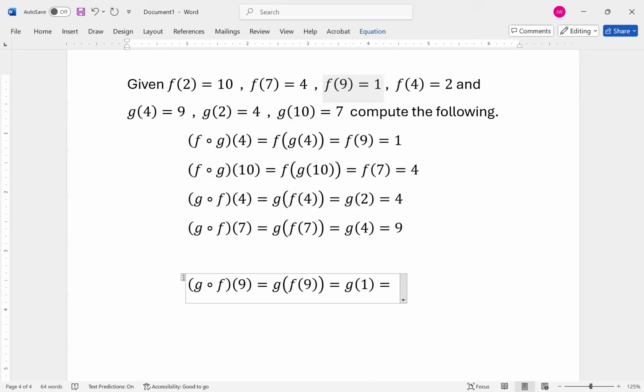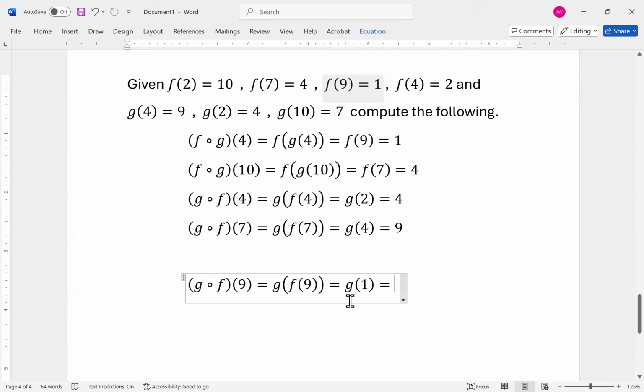Now, here's the deal. Right now, I don't know where 1 is sent to by g. I know g sends 4 to 9, sends 2 to 4, sends 10 to 7, but it doesn't tell me where 1 is sent to.